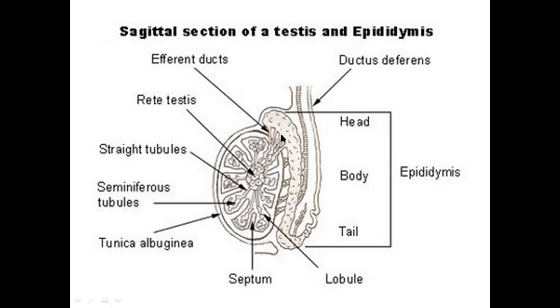Then there are different parts of the epididymis, and outside the epididymis, in the spermatic cord, the main tubular component coming from the testes is the ductus deferens. So this is a schematic diagram giving us a basic overview of the testes and its ducts.